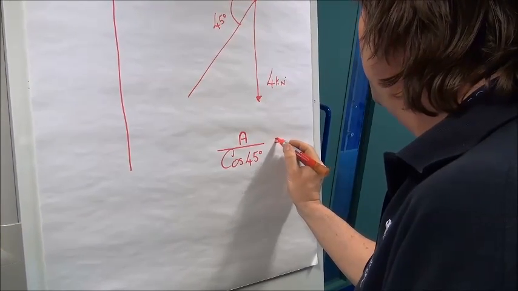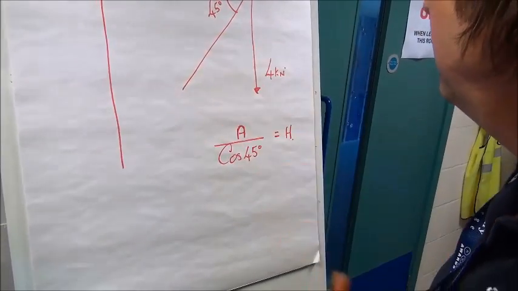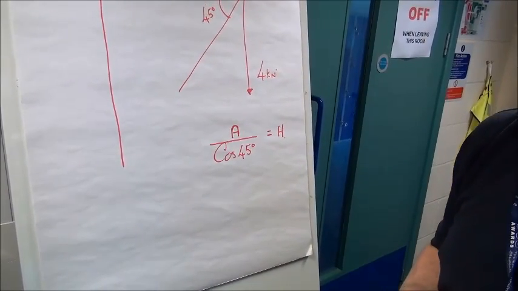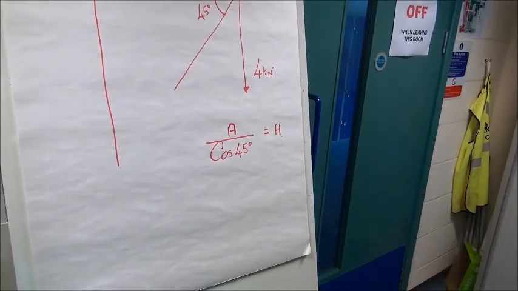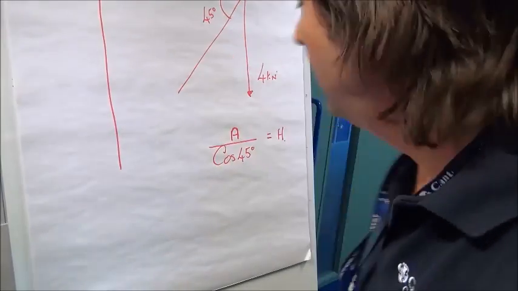And that will equal the hypotenuse, or the force in member BC. I believe it's BC, isn't it? No, it's DB. That will equal the force in member DB. Okay.